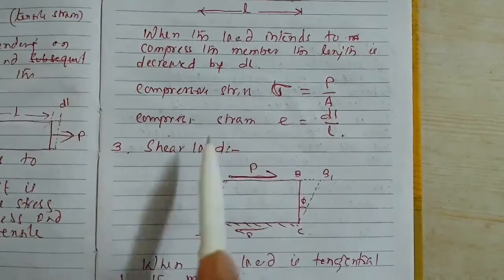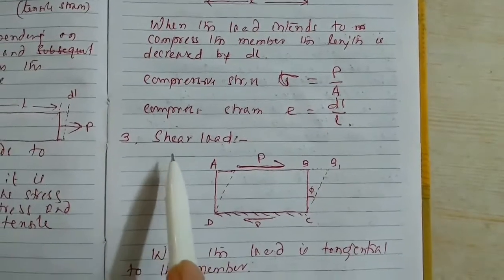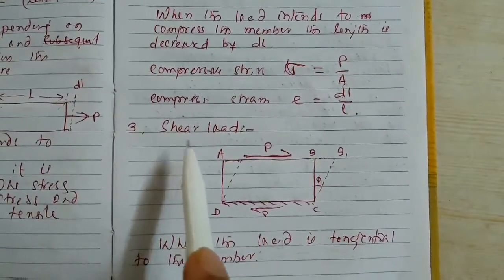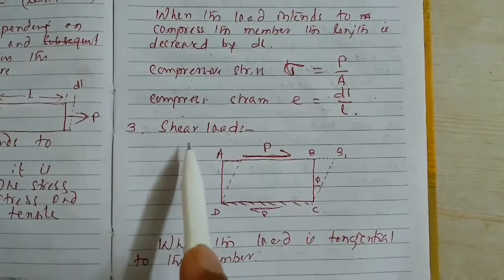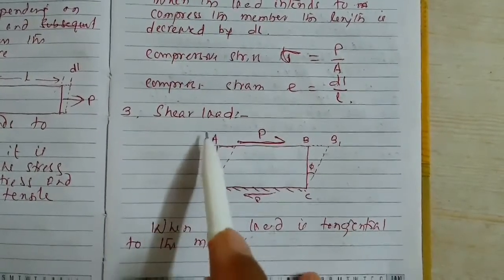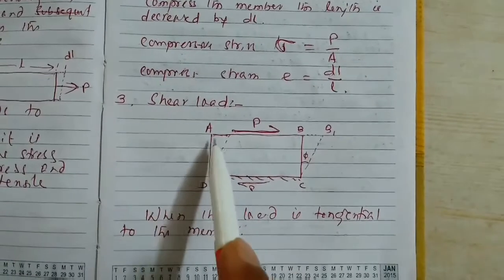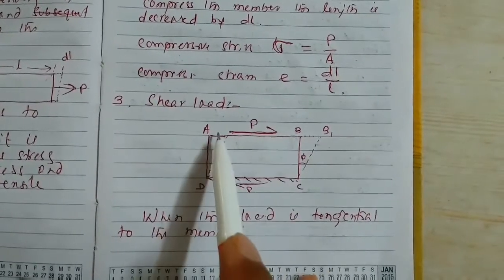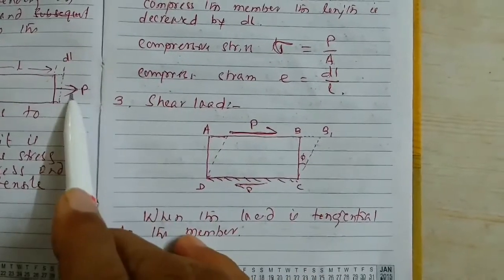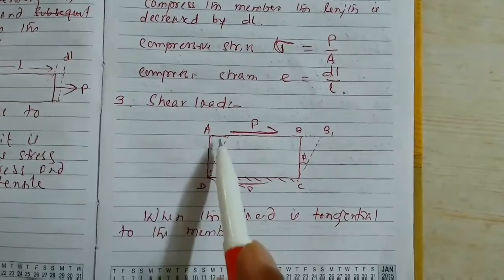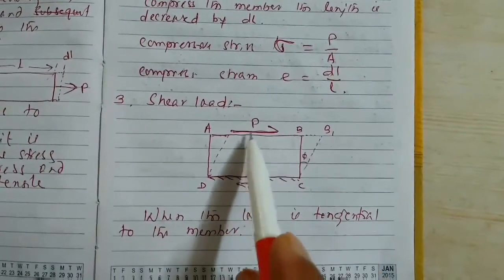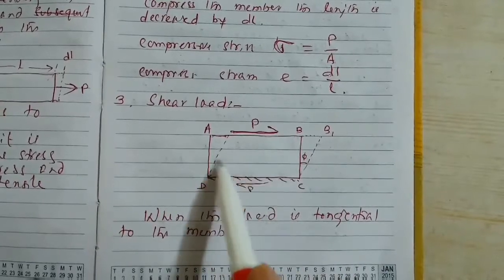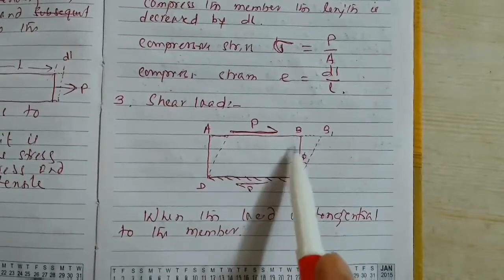Well, now the third type of load, which is due to the third type of loading, is shear load. How is shear load applied? See, if it is a block, and the load is applied not normal, perpendicular to the surface, but tangential to the surface, the body will deform like this.